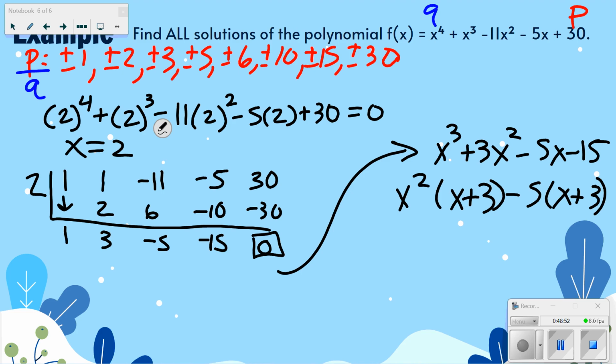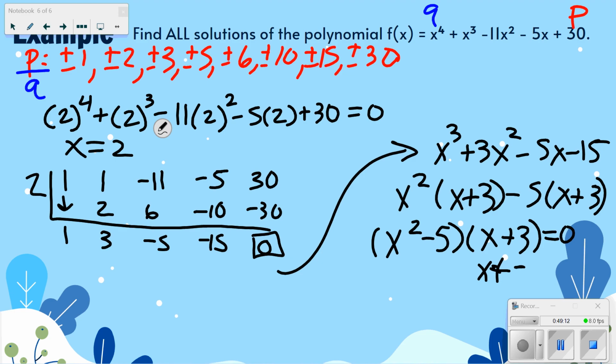But lucky for us, we can factor, and we find our factors to be x squared minus 5 and x plus 3. And I'm going to set each factor equal to what to solve? What do you think, Damon? Great job. So I know I'm going to have x plus 3 equals 0, and we'll have x squared minus 5 equals 0.